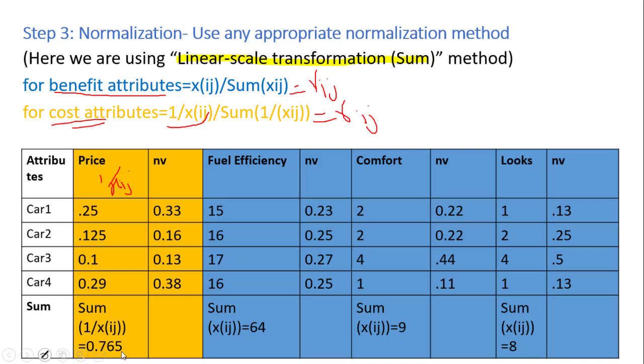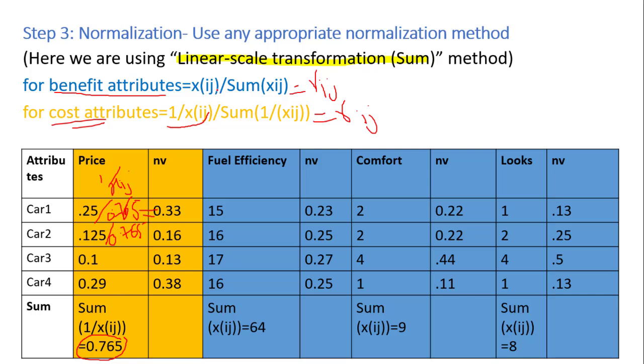Then calculate the sum of these, which is 0.765. Now divide each 1 upon Xij by this sum: 0.25 divided by 0.765 is equal to 0.33. Similarly, 0.125 divided by 0.765, and like that we have calculated for all. So this is for cost attributes.